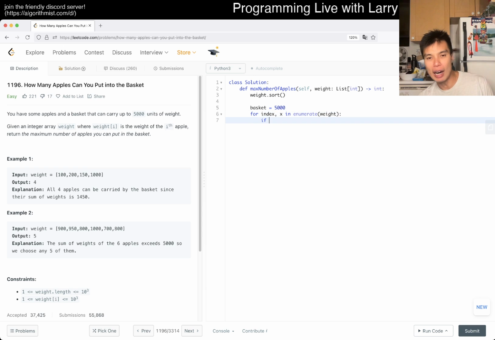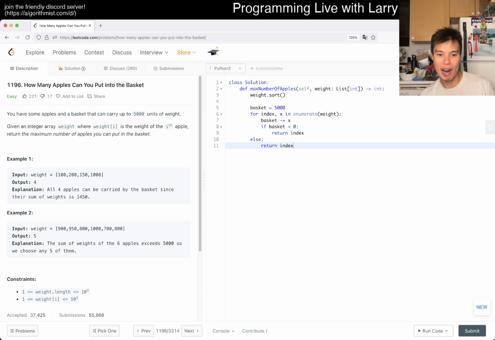And now we do basket subtract x. If basket is less than 0, then we return index, right? Meaning that index is not good enough. Otherwise, we also return index, I think. I think this is right.